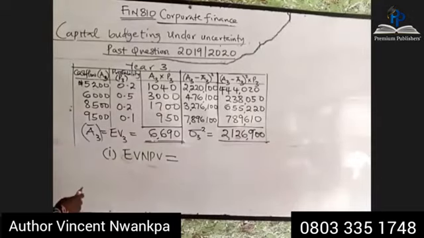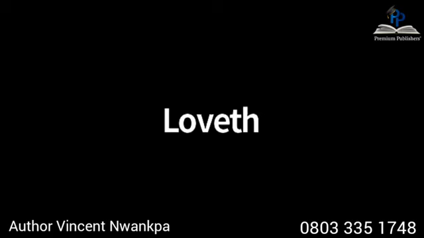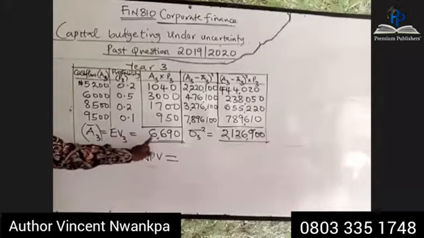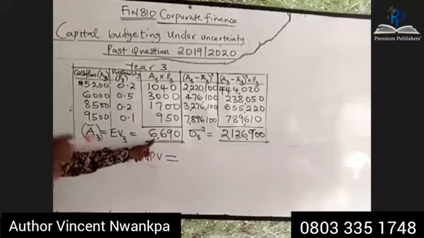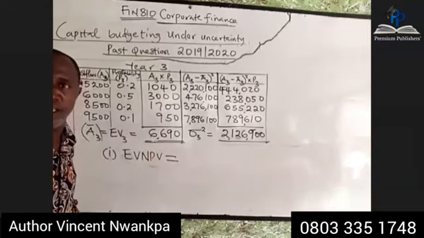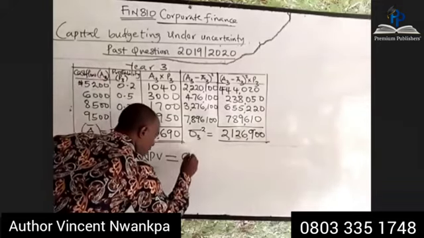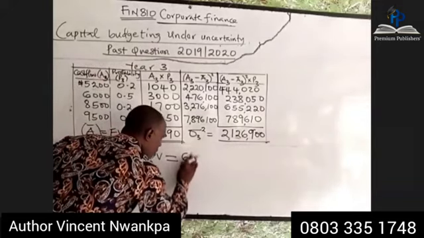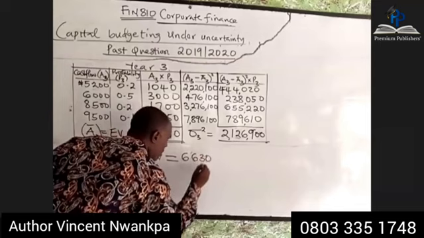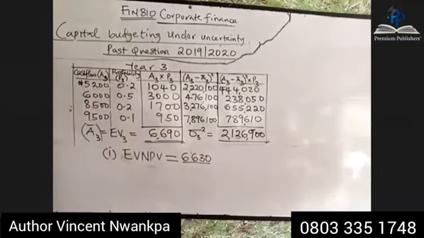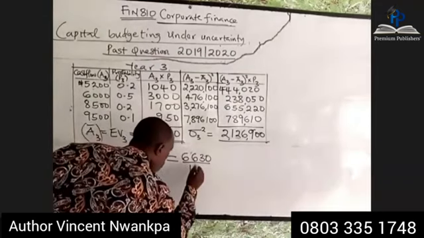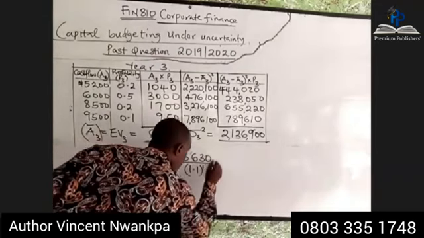So in this case, these are the EVs. The first one, EV for year one, is 6,630. Our interest rate is 10%, risk free, so 1.1 raised to power 1.